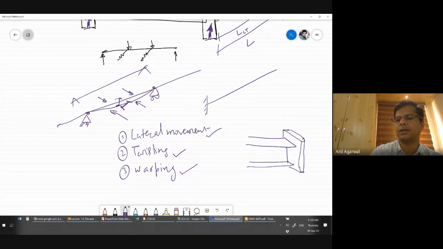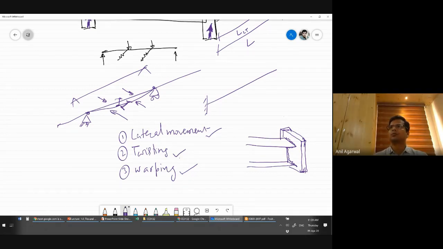Okay, and we weld this plate around this beam. Okay, so everywhere we weld it. We weld them together. So that way, the flanges will not be able to move in different directions, right? And that's how we can prevent warping.